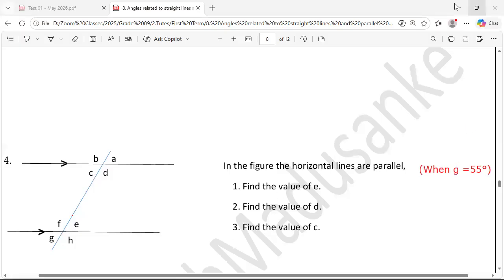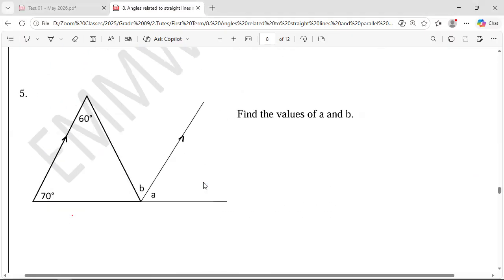Right, let's move to the next one. I am going to give you some time to do that. Fifth question. I want to see who finishes first. Just make a try. Identify alternate angles, identify corresponding angles, identify allied angles, and so on.